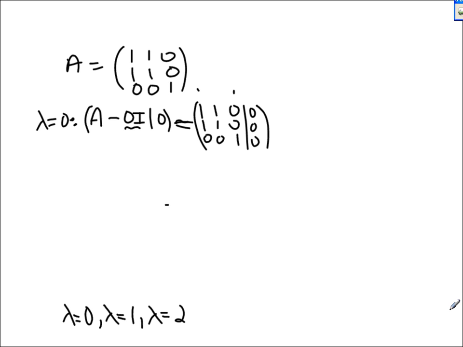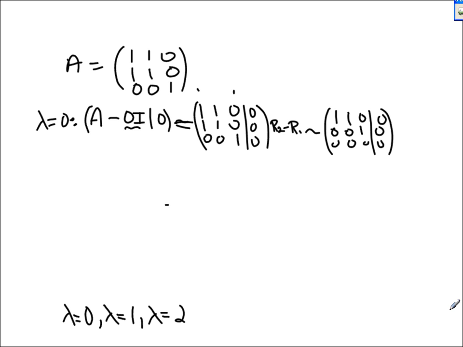Right away I see two rows are the same, so if I do row 2 minus row 1, I'm going to get a row of zeros. The first row isn't going to change. The third row, I'll actually put second. And the last row is going to be zeros.